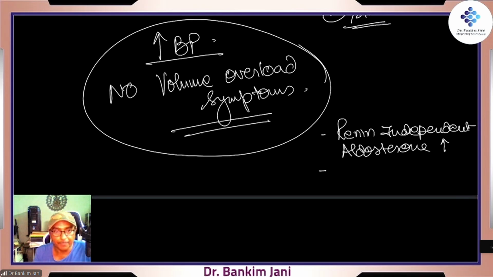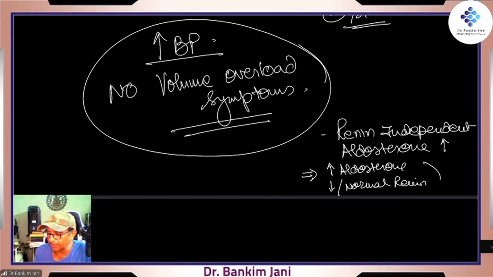And second, when you do the blood test, there is increased aldosterone and decreased or normal renin. So now you know that this aldosterone rise is not because of RAS.